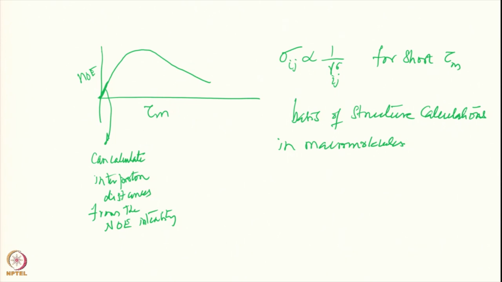For short tau m, the transfer is restricted to near neighbor interactions.